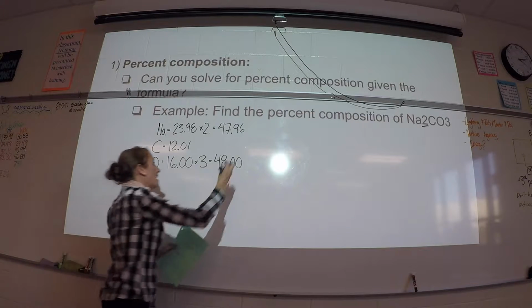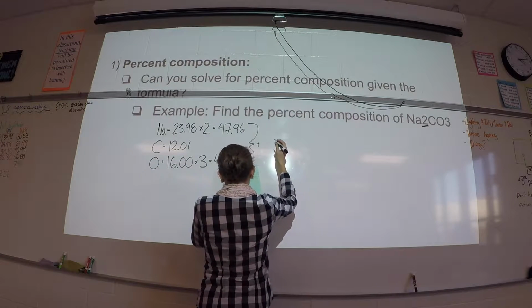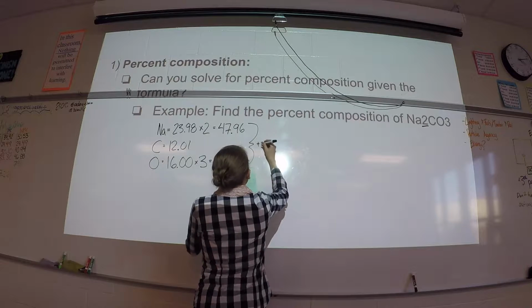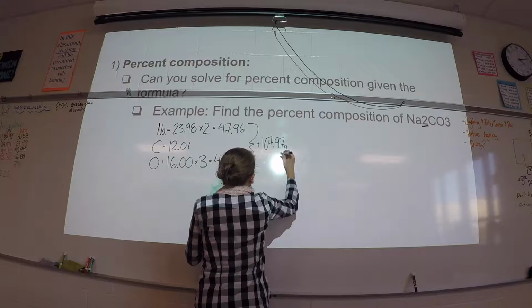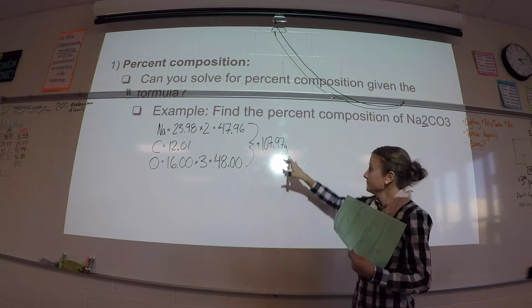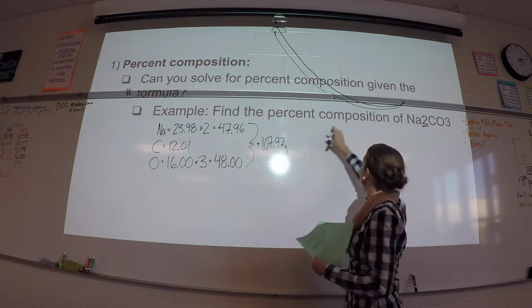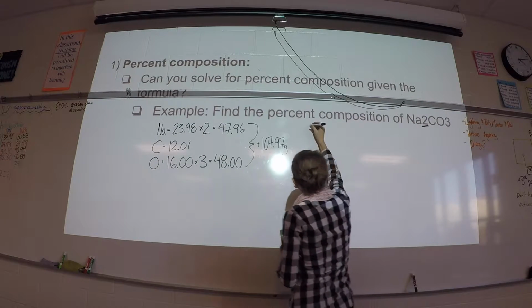Now we take all those numbers and add them together, and you should have hopefully gotten a total of 105.99 grams. Then the next thing you're going to do, once you have the total, is find the percent of each of these individual elements.